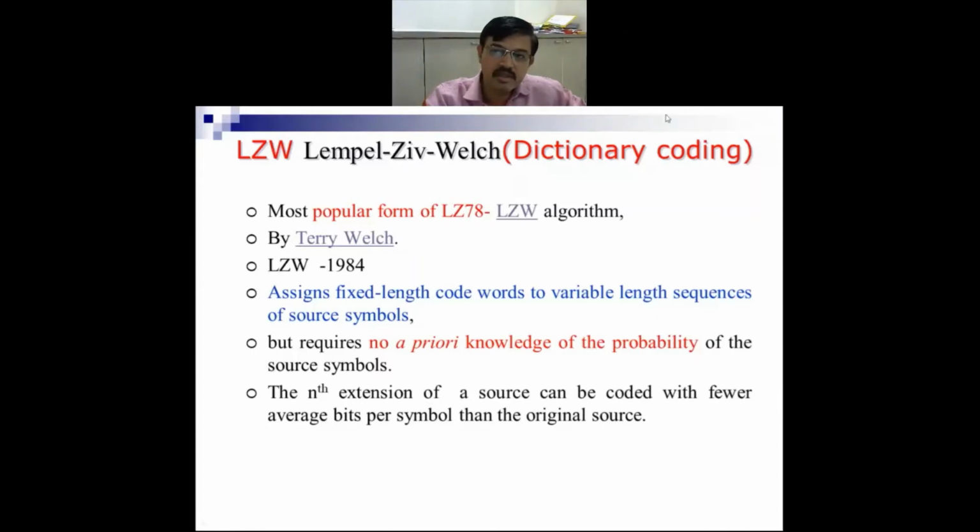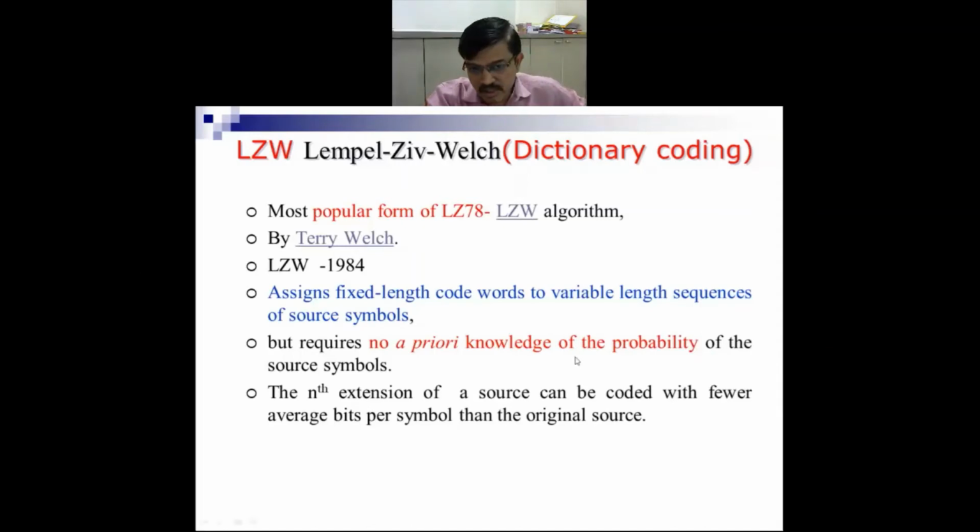This is based, once again, on the dictionary coding technique developed by Lempel and Ziv in the LZ77 and LZ78 algorithms. Here, we want to assign a fixed length code word to a variable length sequence of the source symbols, which we did in both the LZ77 as well as LZ78 versions of the Lempel-Ziv code.